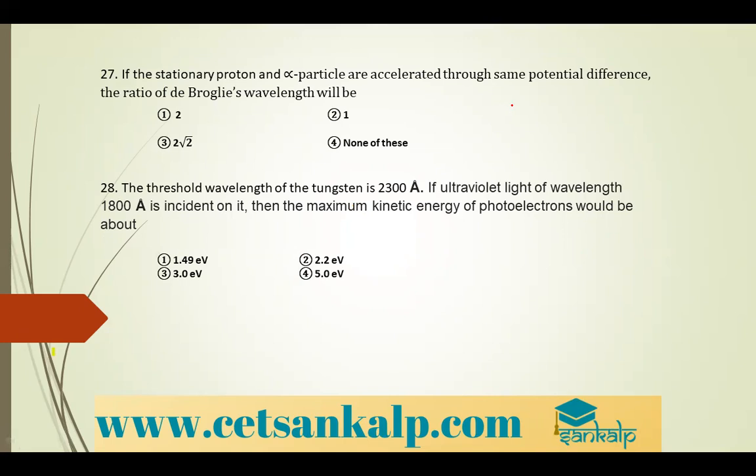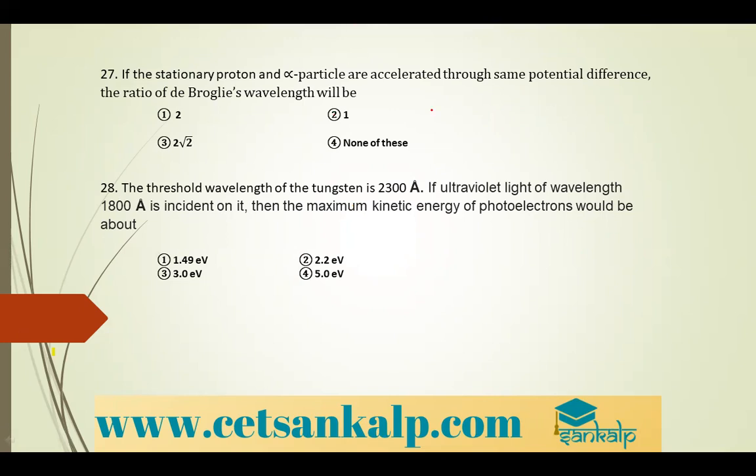As you know, the gain in the kinetic energy of a charged particle after moving through a potential difference of V is given by eV, that is also equal to half mv square, correct? Where v is the velocity of the charged particle.